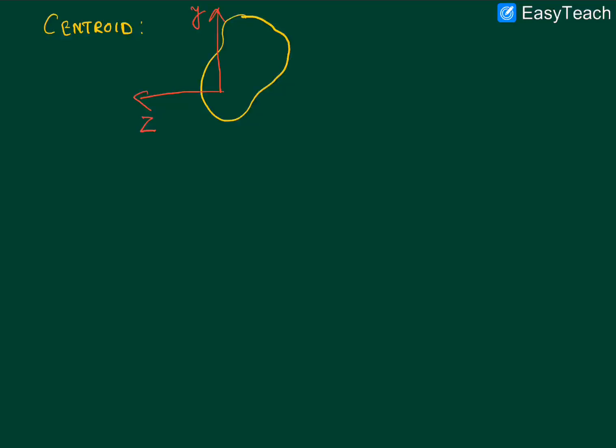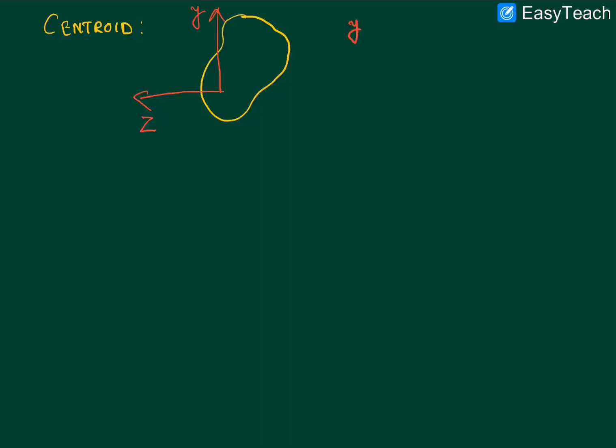Then referred to these coordinate axes, our centroid will be calculated in this fashion, or the coordinates of the centroid will be calculated in this fashion. So this is the definition of the centroid coordinates.